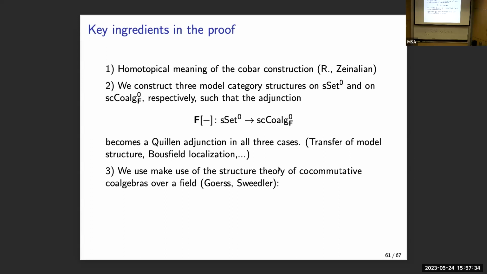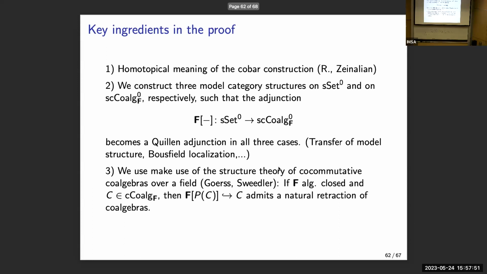That makes use of the structure theory of co-commutative coalgebras over a field. This I learned from Paul Goerss, but I think it goes back to Sweedler. It's essentially a dual of the Nullstellensatz. That's the statement that's being used in some sense.